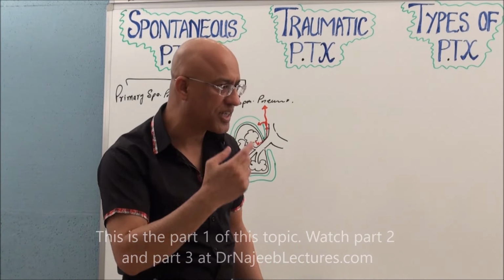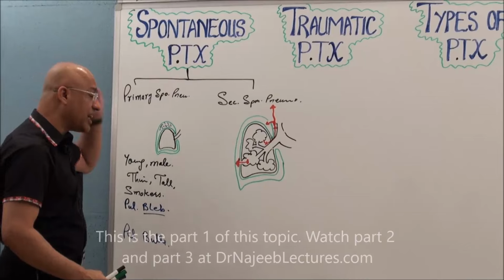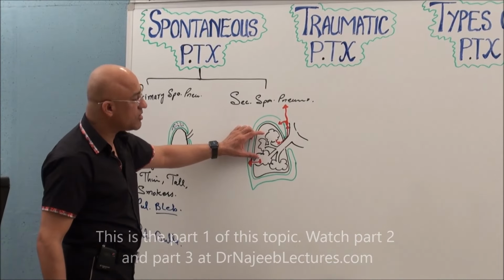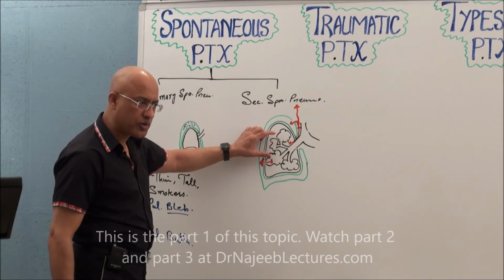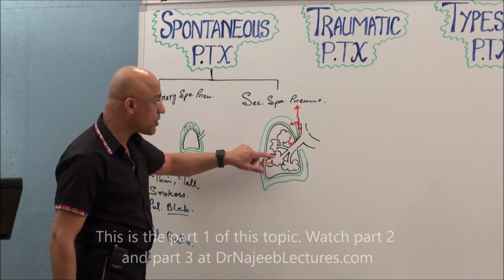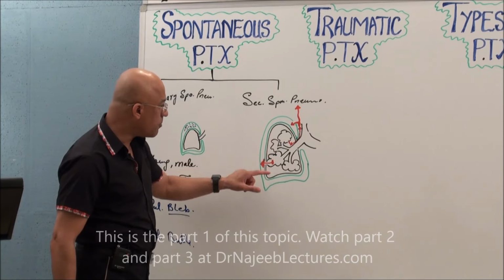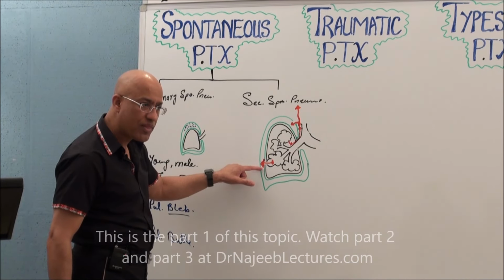Have you heard of it? Which produces crepitus. So what I'm trying to tell you is that if there is significant pathology in the lung, due to this pathology, air from the pulmonary air spaces may enter directly into the pleura, right?